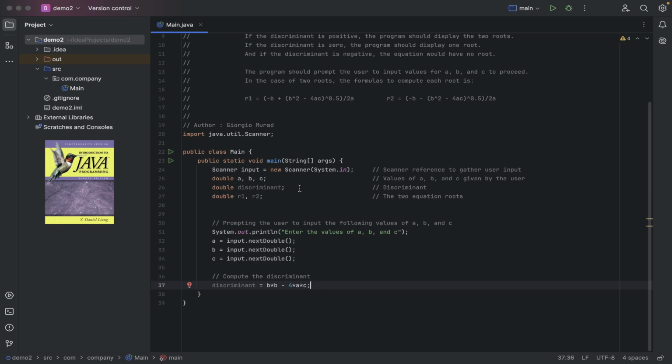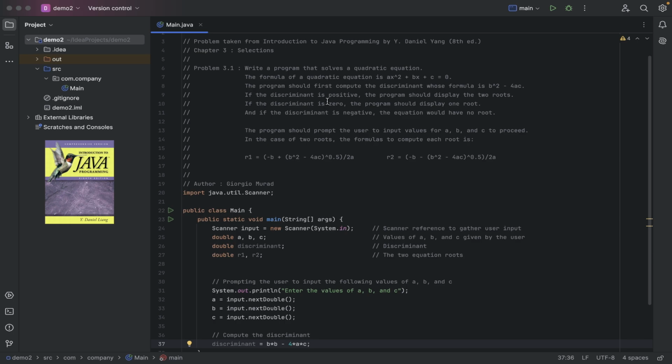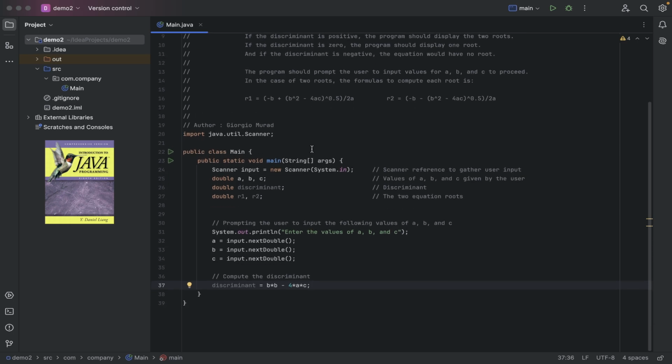Okay, now after computing the discriminant value, I can proceed to compute R1 and R2. But first I have to verify whether the discriminant is positive, 0, or negative. So I'm gonna have to implement the if conditions. So I'll just comment here as condition.